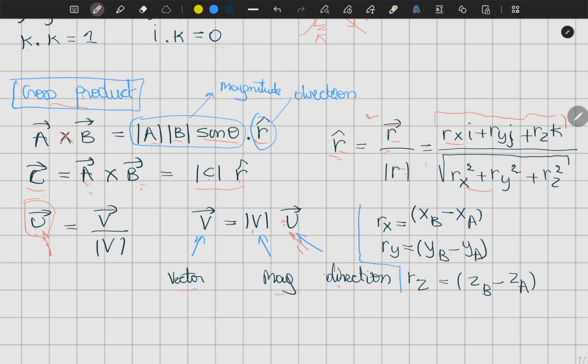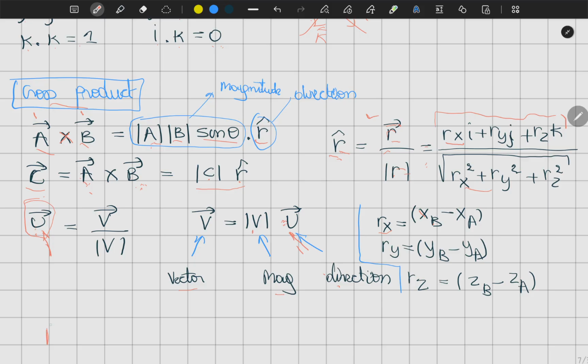And then you are tasked to find what is Rx. Rx is actually, since we have two vectors, A and B, that's why you see xb negative x1. You take the final vector, so b, negative the first vector. So this is how we are able to solve it.